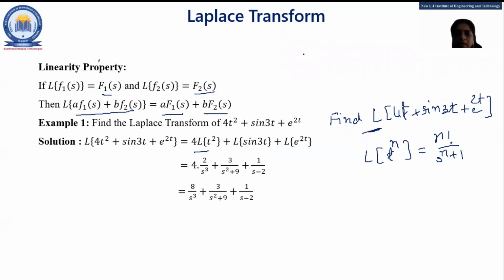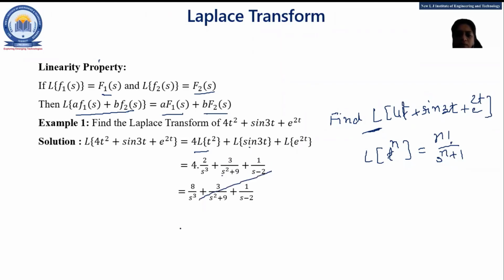For second, Laplace of sine 3t, that is 3 upon s square plus 9. Sine is there, so numerator is 3 and denominator is s square plus a square, so s square plus 9. Laplace of e raised to 2t, we can directly apply the 1 upon s minus a formula, and our a is 2 here. So 1 upon s minus 2.